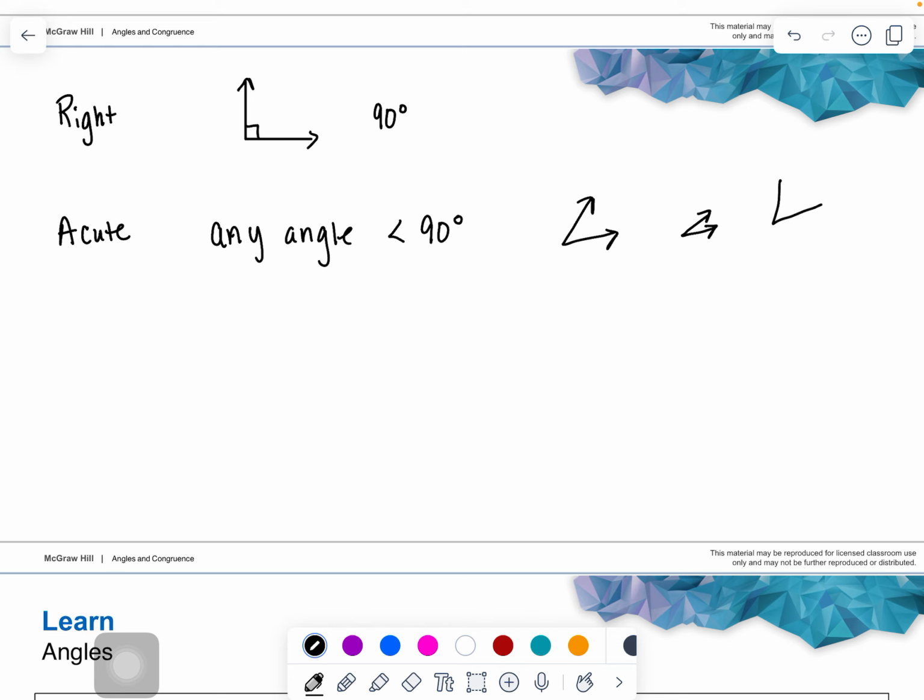This would even be an acute angle. An 89 degree, 89.9 degrees, 89.999 degrees is acute. 0.001 degrees is acute. Any of those, okay?